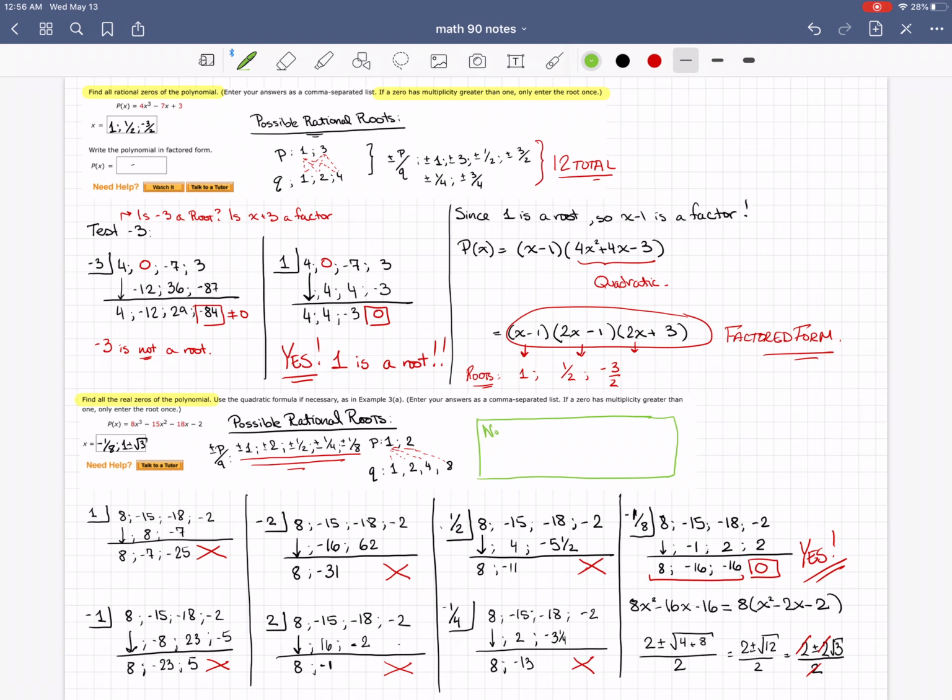Note, 1 plus the square root of 3 and 1 minus the square root of 3 are conjugates. So what we're going to notice is when we have non-rational roots, whether they're real or not, they're always going to come in conjugate pairs.